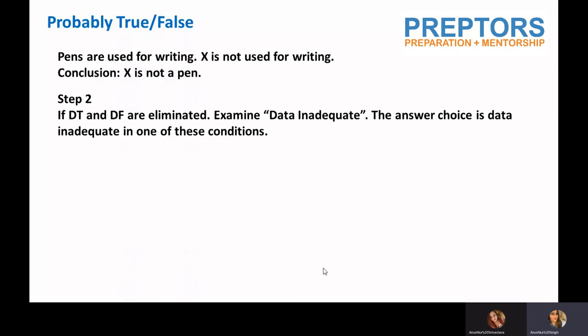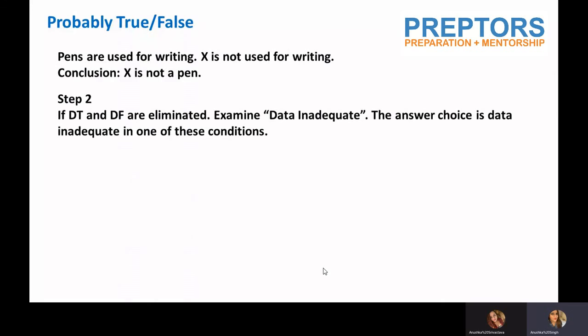Here again I cannot say DT or DF, right? Why can't I say DT or DF? Because for DT and DF, the option would be very evident and it would be either 100% true or 100% false. Here it is not that way. I don't have any extreme words either, so this is not DT or DF for sure.